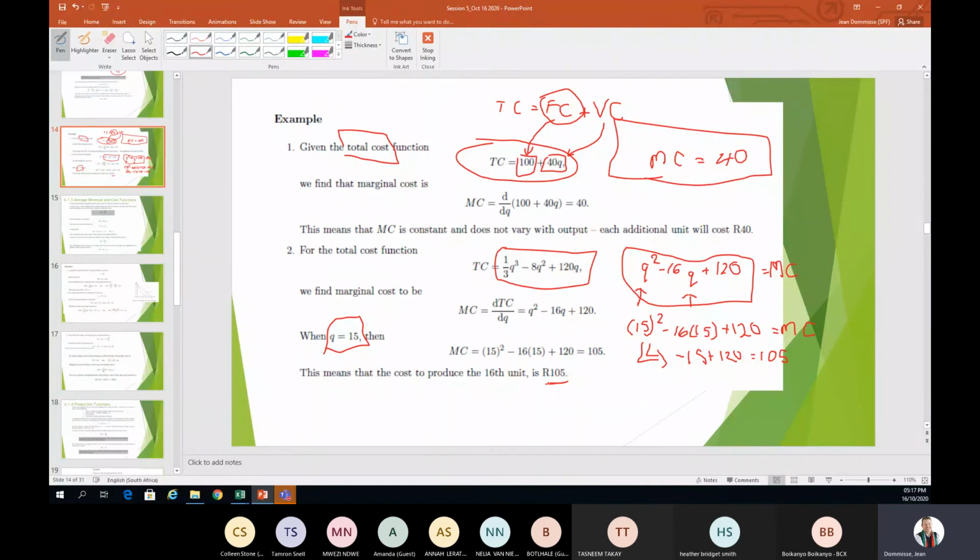But once again, here your marginal cost was only 40 because there wasn't a Q left, but when there is a Q left, they will need to tell you to work out your marginal cost if Q is equal to a certain amount. Okay, so that nearly is looking at marginal revenue, marginal cost.